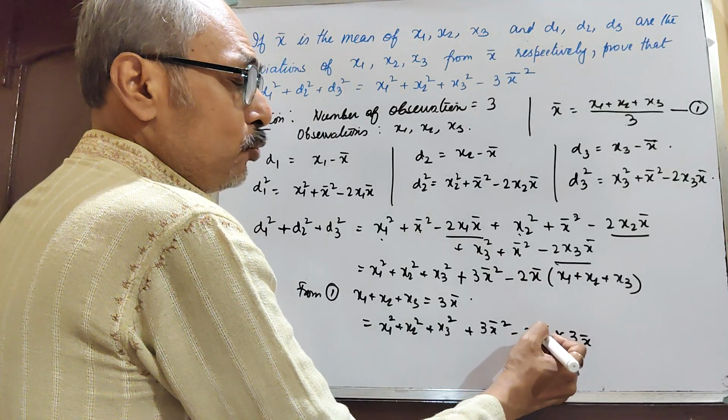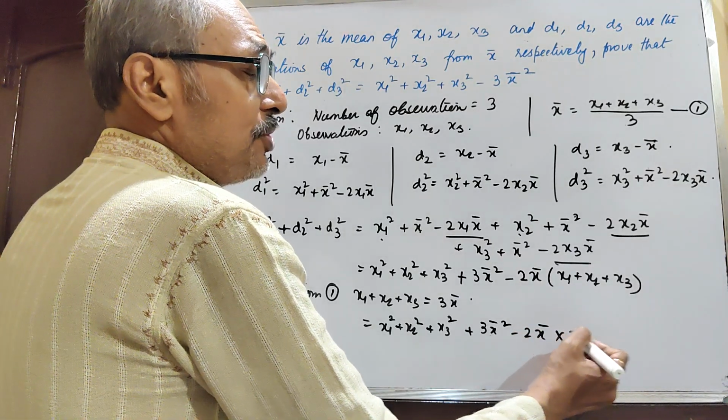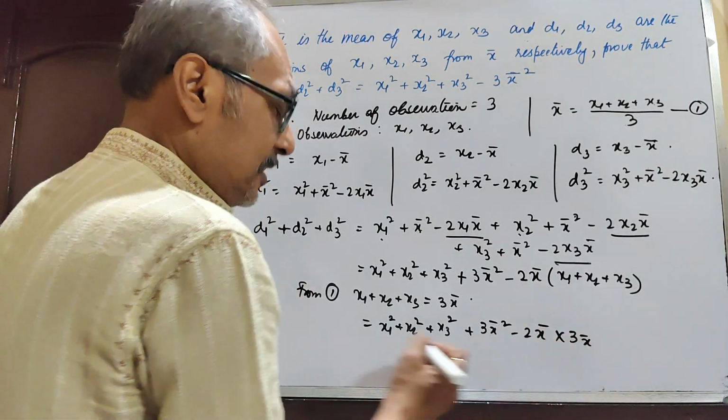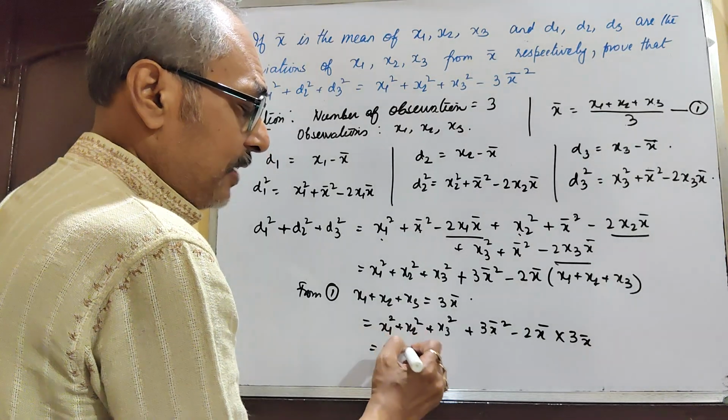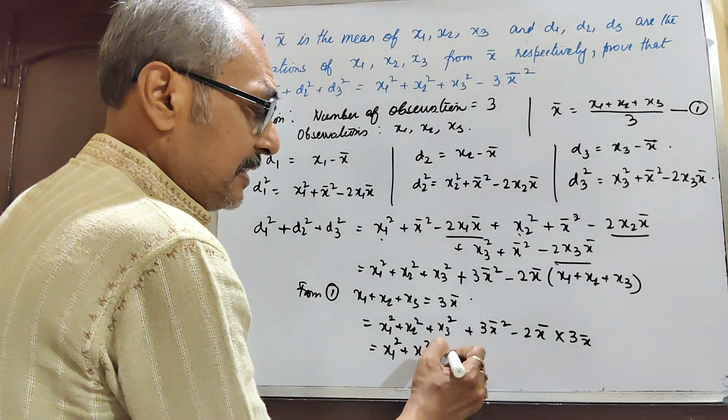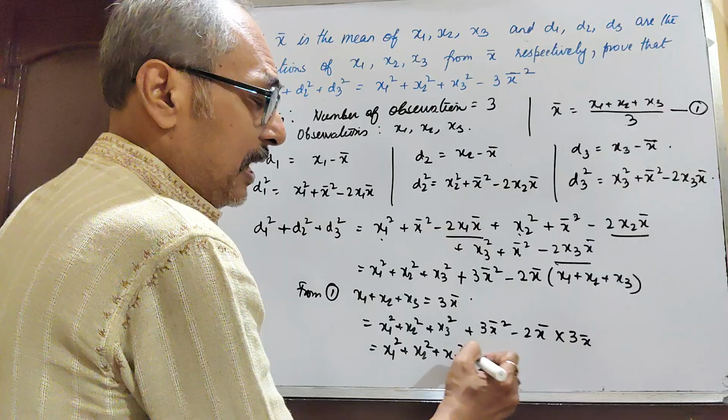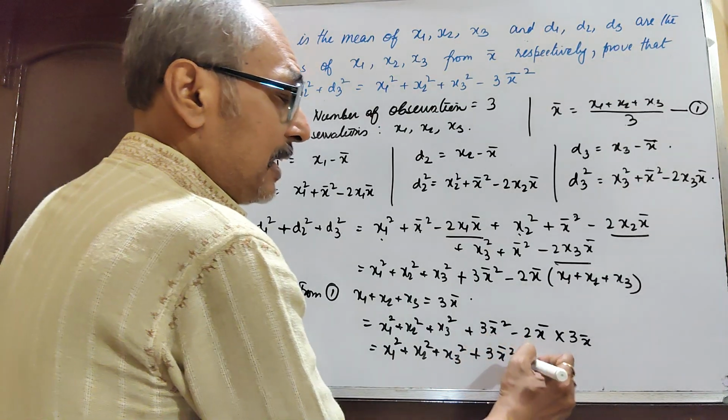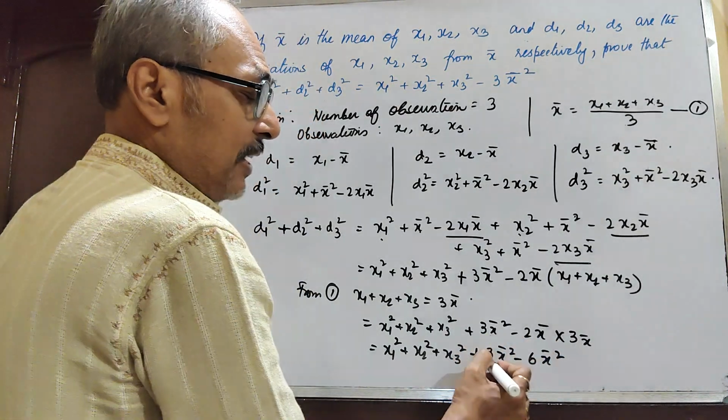This minus 2x bar into 3x bar becomes 6x bar squared.